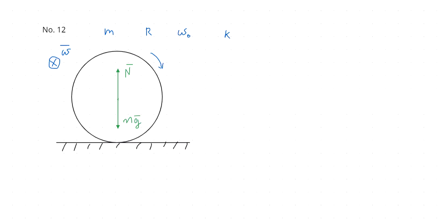Another clue is that we have the coefficient of friction K. What does it mean? The coefficient of friction is always connected with one definite type of force.